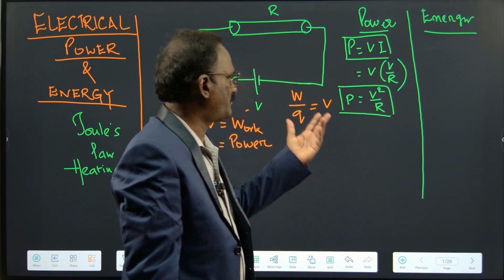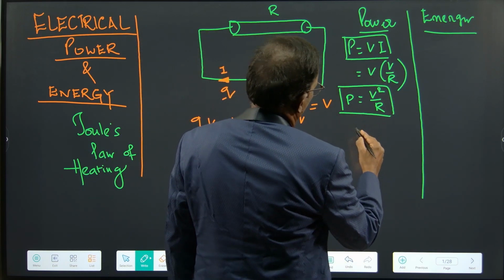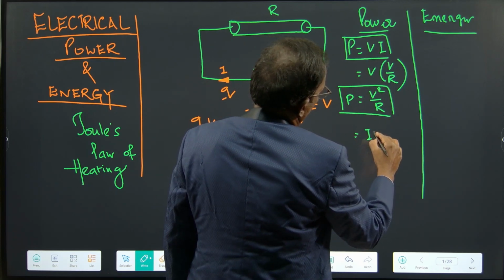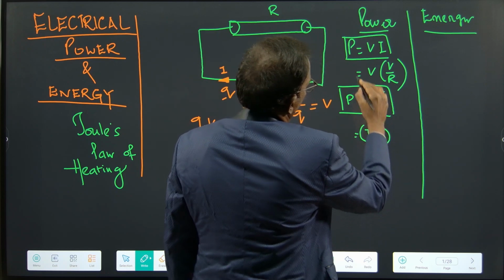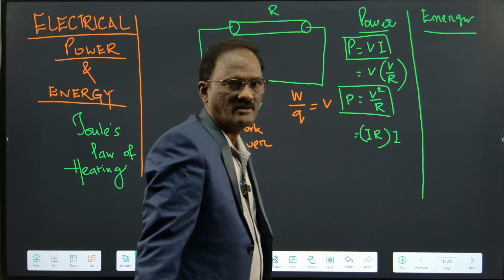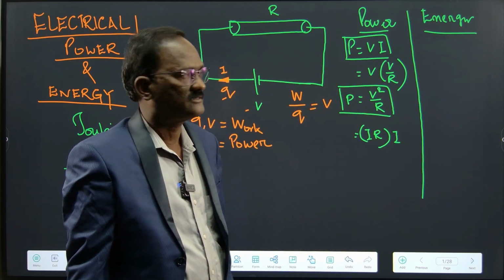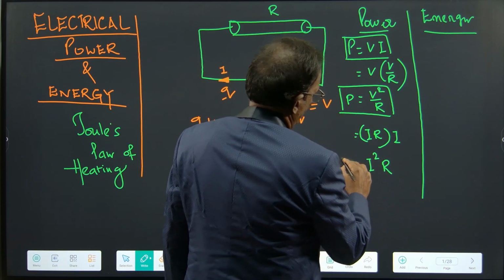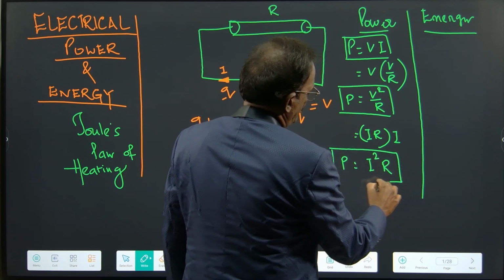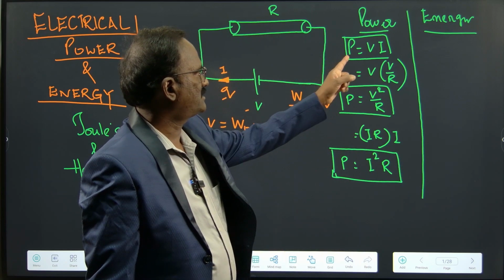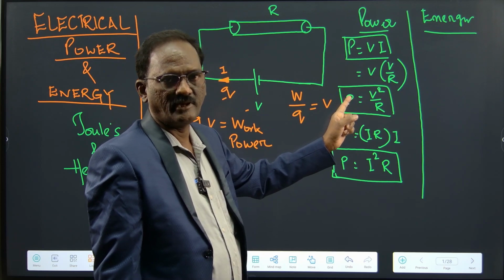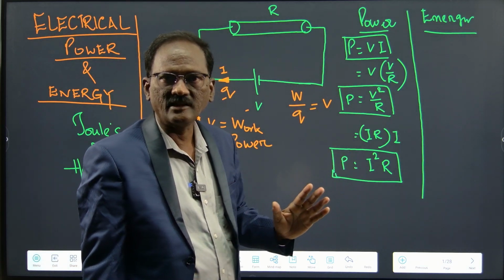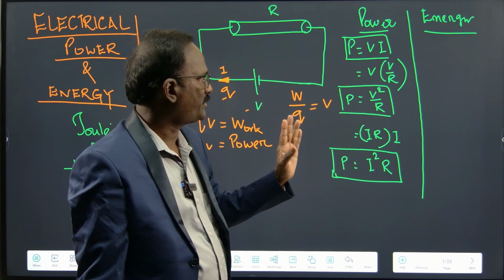P is equal to VI or P is equal to V square by R. Again, from Ohm's law, V is equal to IR. This gives me I square R. P is equal to I square R. Any of the three formulas we can use to calculate the value of power.